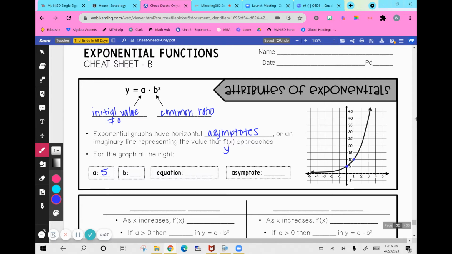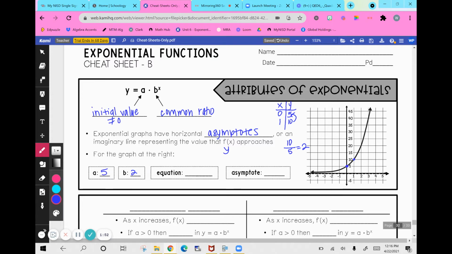So I like to make my table and say x is 0, y was 5, and when x is 1, y is 10. And so you take the y value when x was 1 and divide it by the y value when x was 0. So 10 divided by 5, and that's going to give you 2. So that is our common ratio.